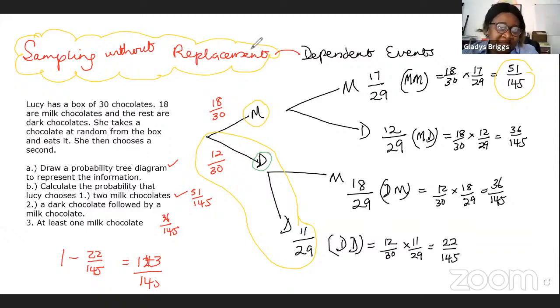So well done, well done, well done, guys. That's it with working out probabilities using probability tree diagrams.